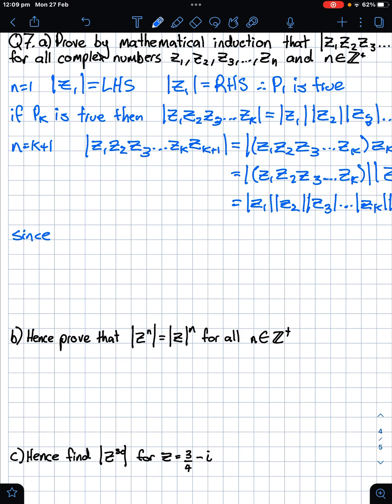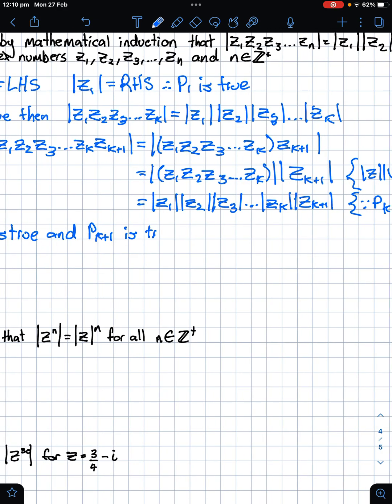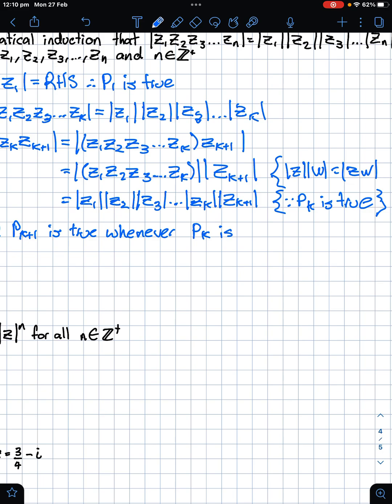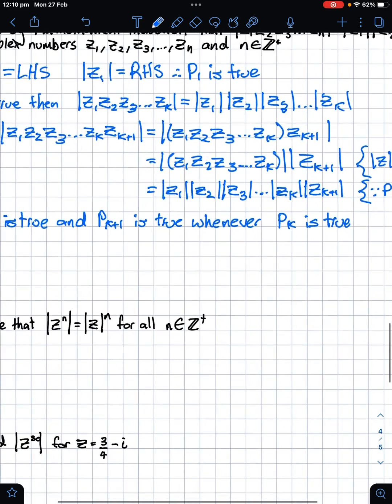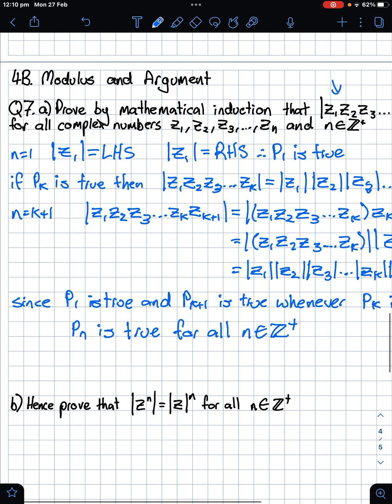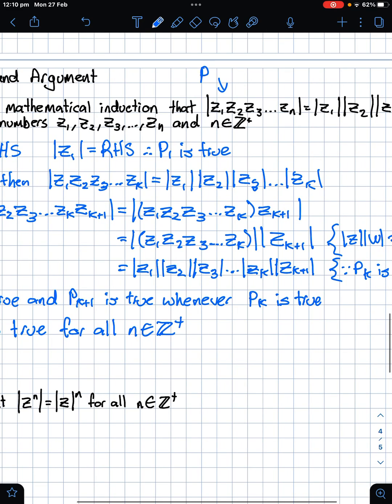Since P1 is true and Pk plus 1 is true whenever Pk is true, then our proposition Pn is true for all n, all positive integers. Sorry, this is actually our Pn up here. I didn't specify that when we were doing it.